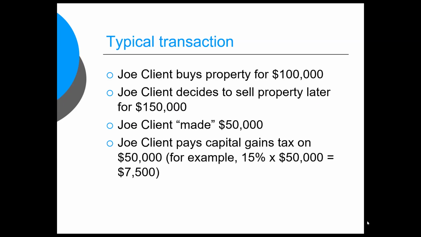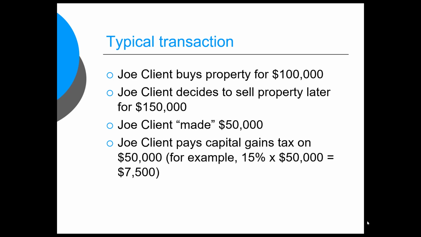So in a typical real estate transaction, we are dealing, for 1031 exchange purposes, not with the sale of a personal residence or homestead. What we're doing is selling an investment property or rental property.